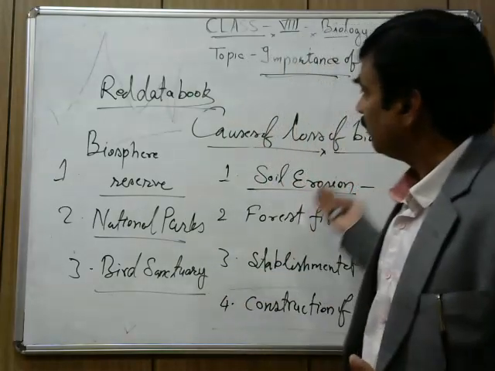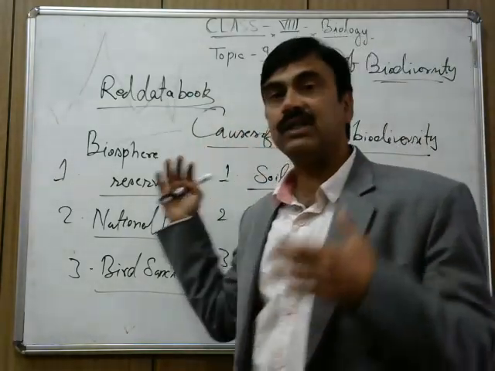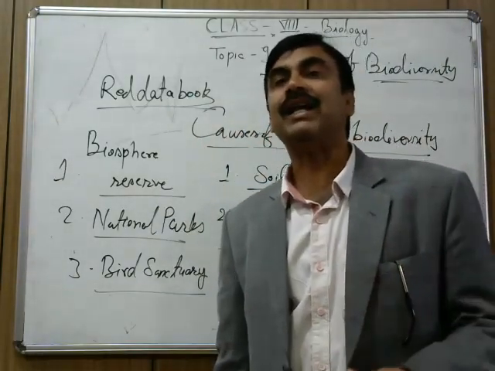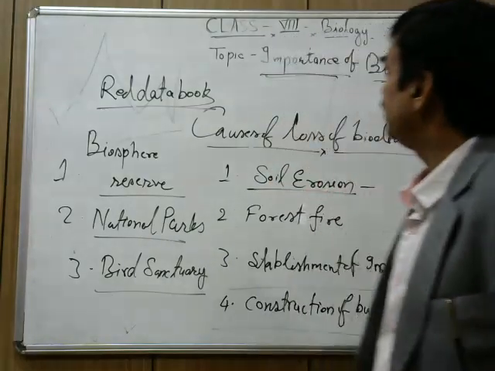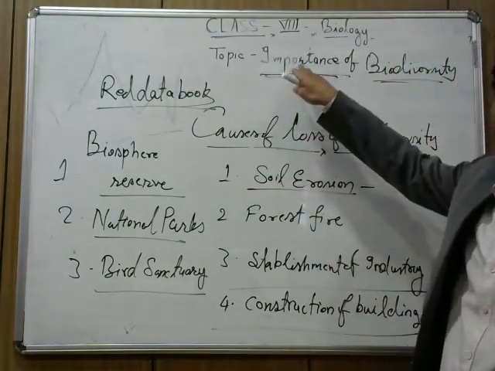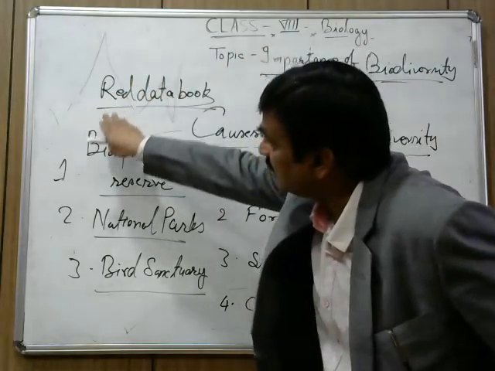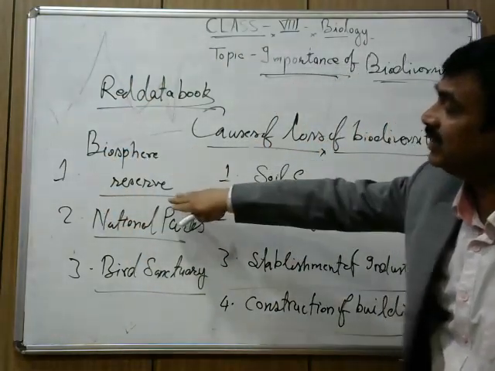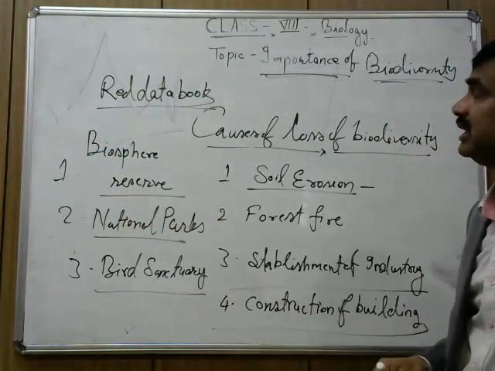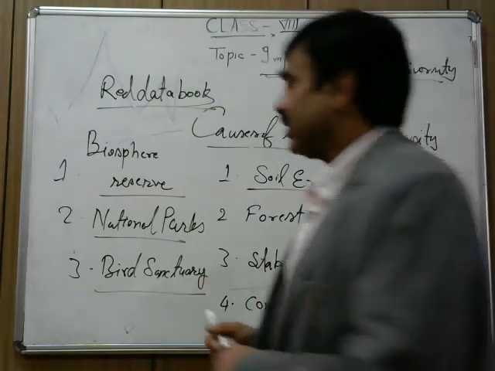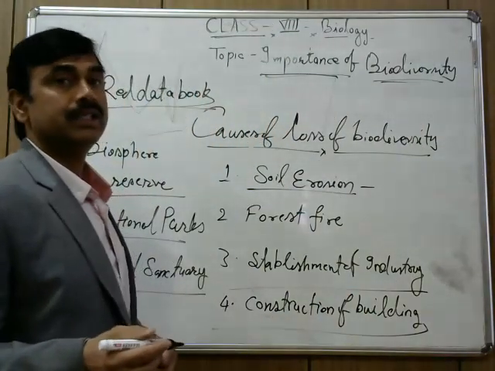The main focus is the conservation of animals and plants. For this, we should establish biosphere reserves, national parks, bird sanctuaries, and there is one rule and regulation, the Tiger Project.